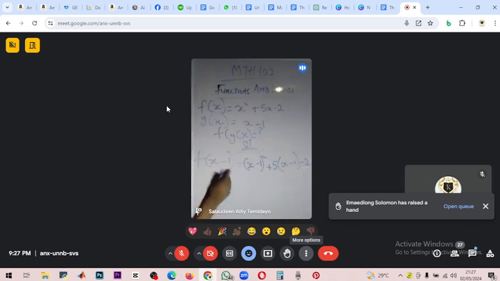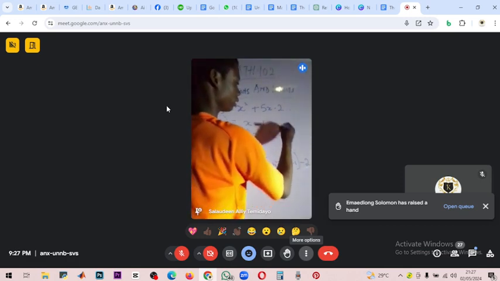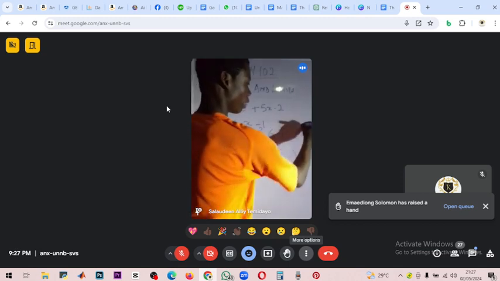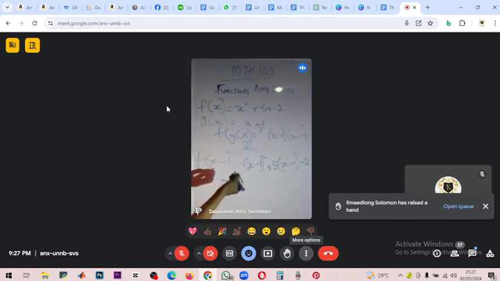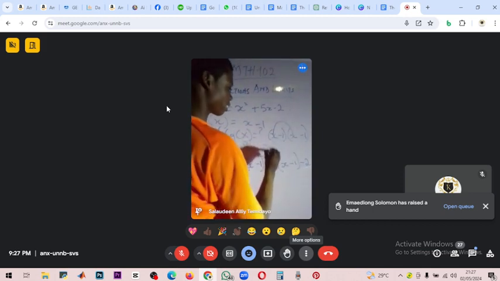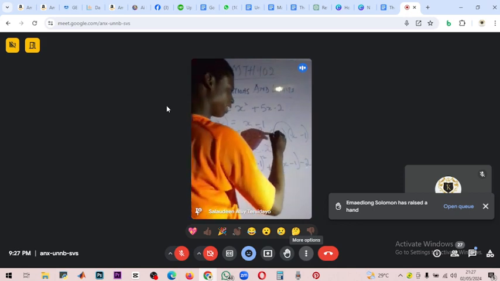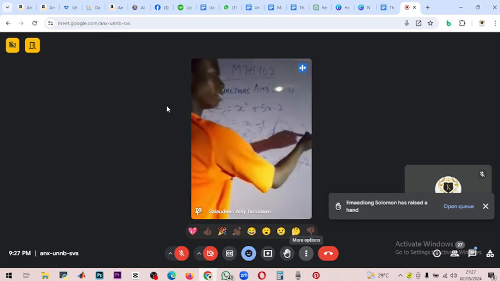Okay. I said we have x minus 1 squared. To expand this one, just write x minus 1 times x minus 1. So use this x to multiply this x. That is x squared. This is x again. Use it to multiply the next value.